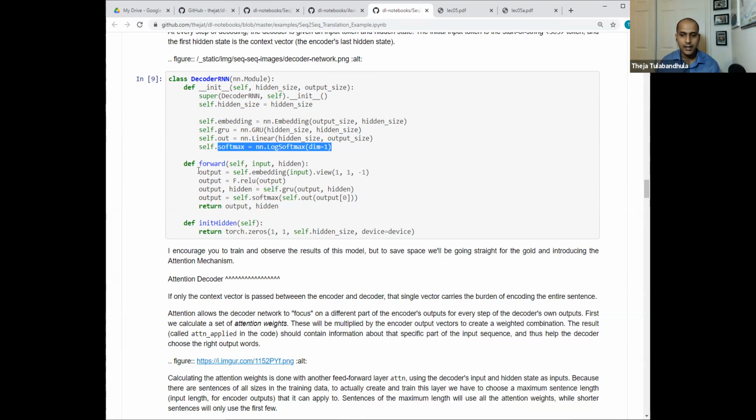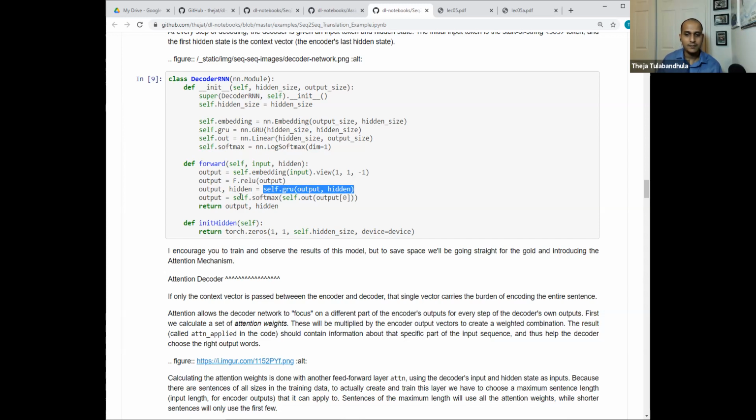And then the forward step is just exactly doing that. So you get the embedding. Here it's saying, apply a ReLU to the embedding. This is not something that we've seen explicitly, but you can apply a nonlinearity anytime. So they're applying a nonlinearity after getting the embedding, and then they're applying the RNN.